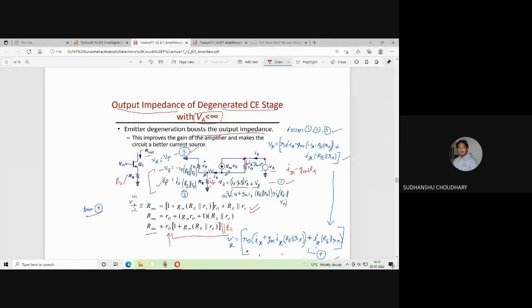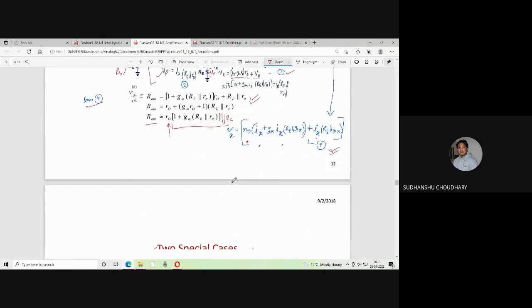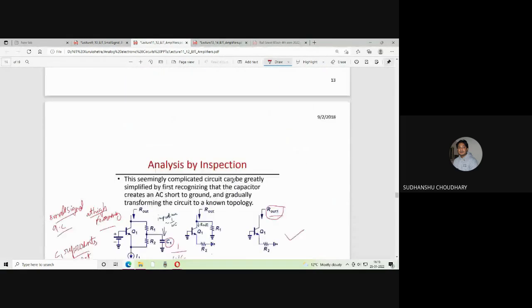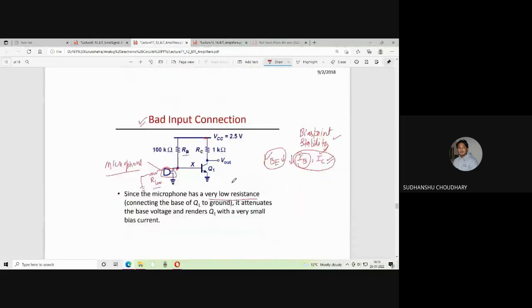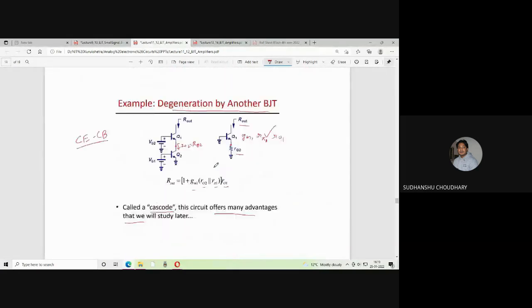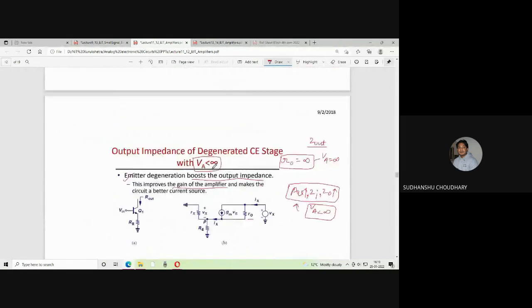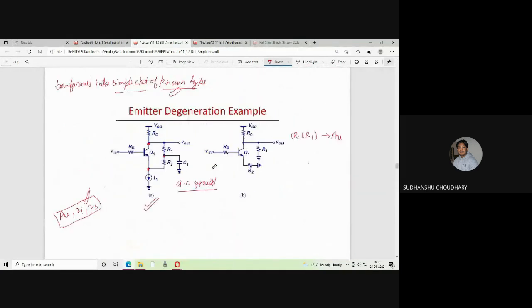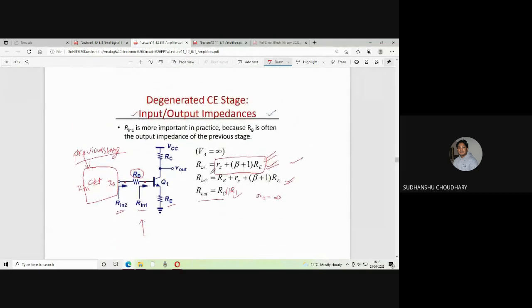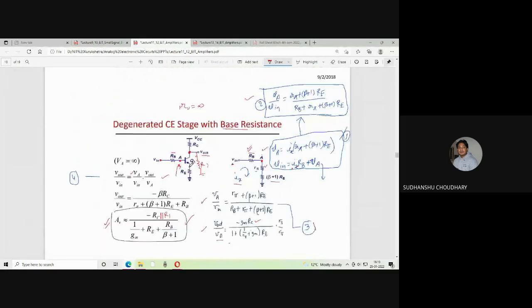So let us go back. This is the common emitter stage, and let us find where we had calculated the gain with both RB and RE. So here, or maybe here, RB and RE both are present. So the gain is this much.